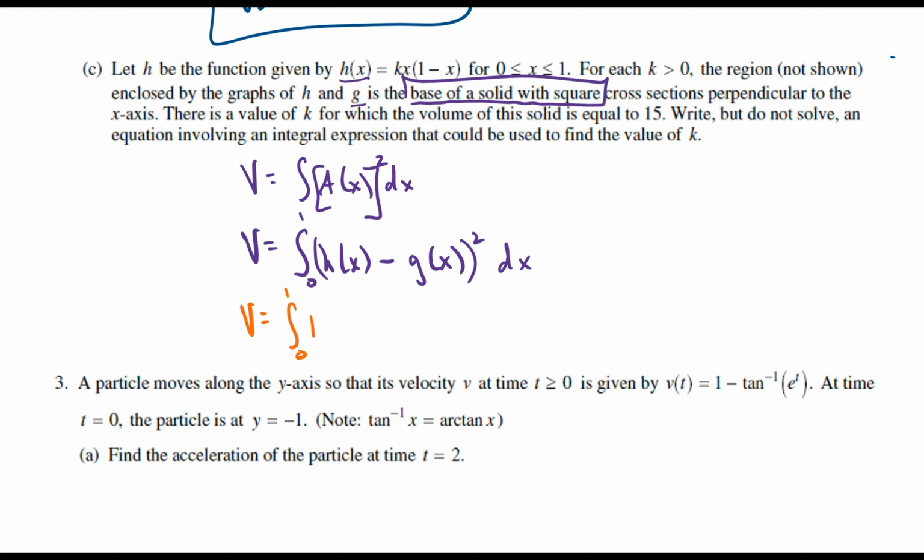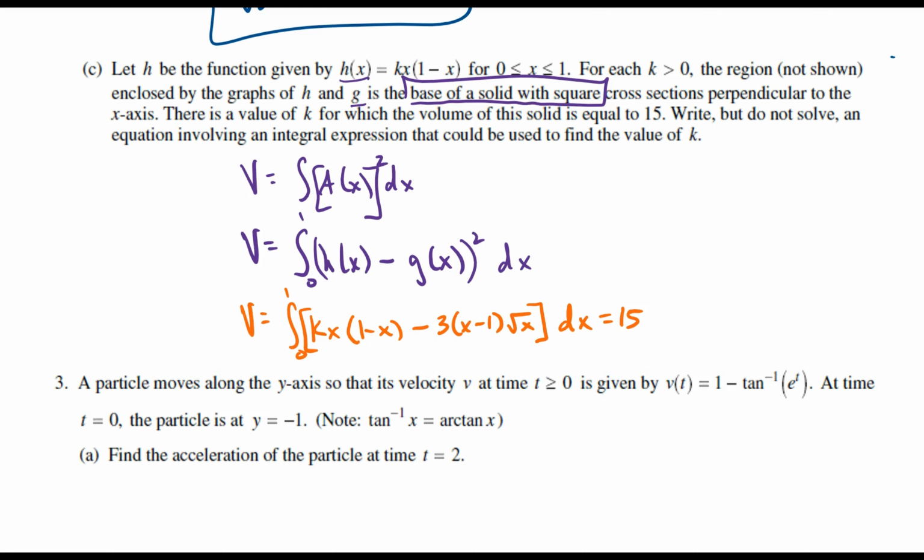Well, h was defined as kx times 1 minus x minus, put that in a big bracket, minus our g of x function, which the g function was 3 times x minus 1 times the square root of x. And that's all with respect to dx. And the whole thing is equal to 15.